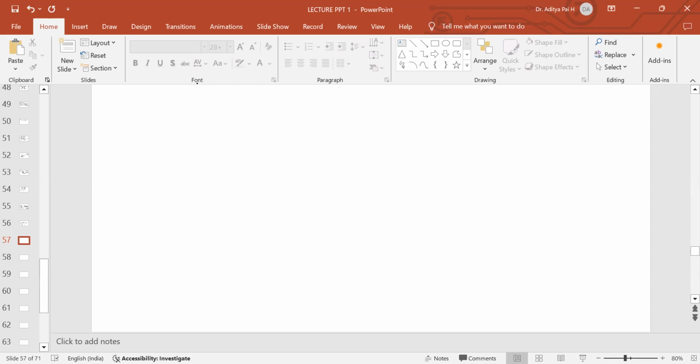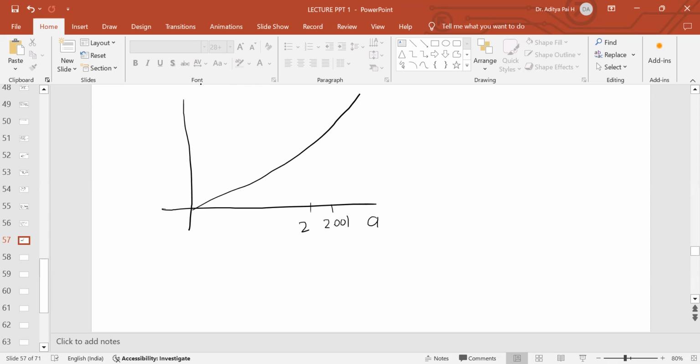Now we can take another example. Let's say our a value is 2, and I change the value to 2.001. If a is equal to 2, f of a is 2 square, which is 4.